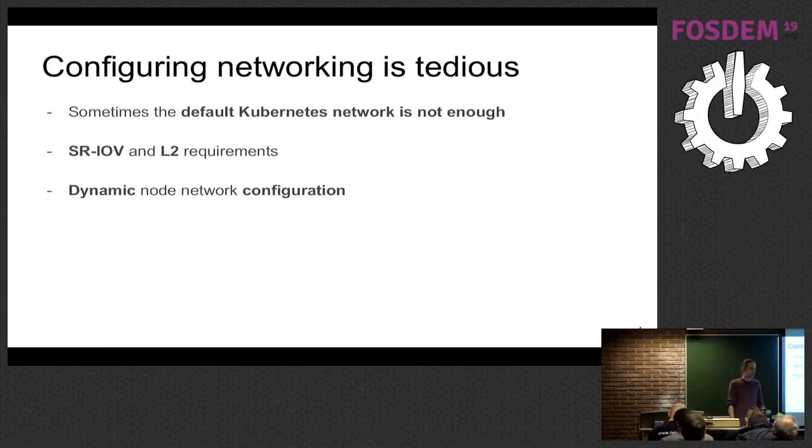And the need for this kind of configuration is not necessarily on day one. Sometimes you decide that you need multiple networks in the second week of your Kubernetes cluster running, and then what do you use? Ansible, or you SSH to the host and configure it manually? You can do it, but it's tedious.